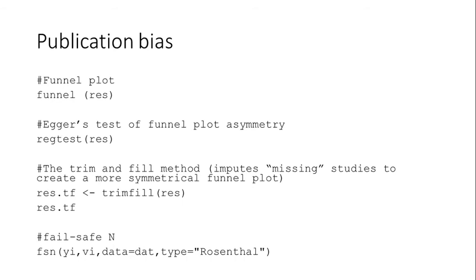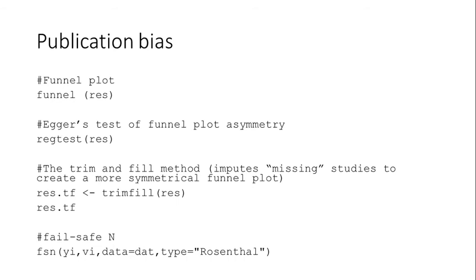So it kind of tells you that it's unlikely that unpublished studies will have had that much of an effect. So the thing to note is, don't automatically look at one thing and say there is publication bias or there isn't. You have to put all the evidence together and discuss it if you're writing up.